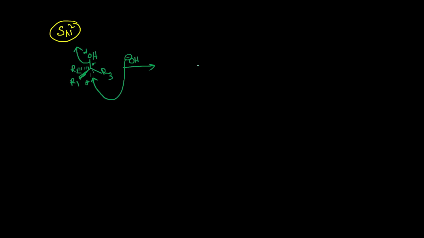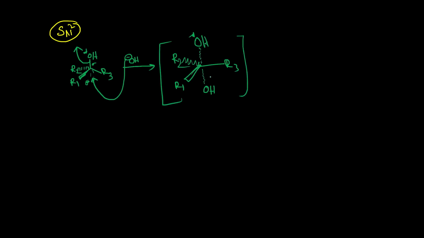In the transition state, we will be getting R1, R2, R3. Now this OH has just approached, and this O star H is getting removed, but it is 50%. 50% bond formation, and this bond is breaking 50%.